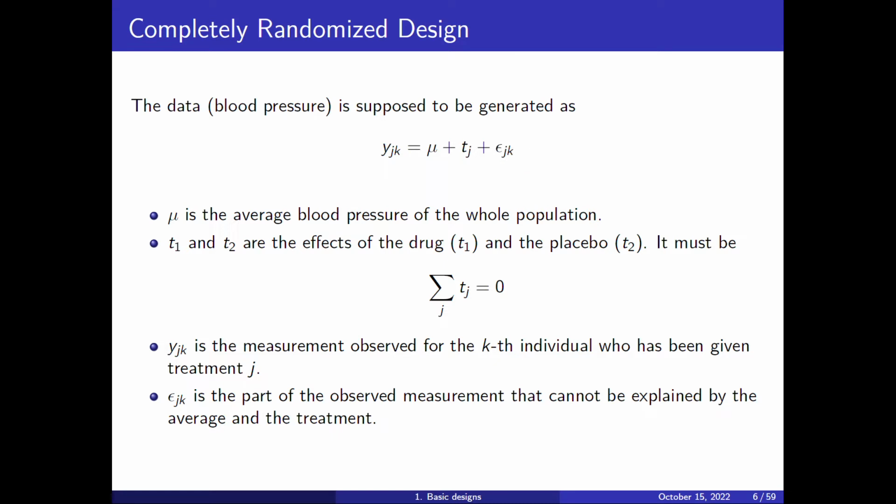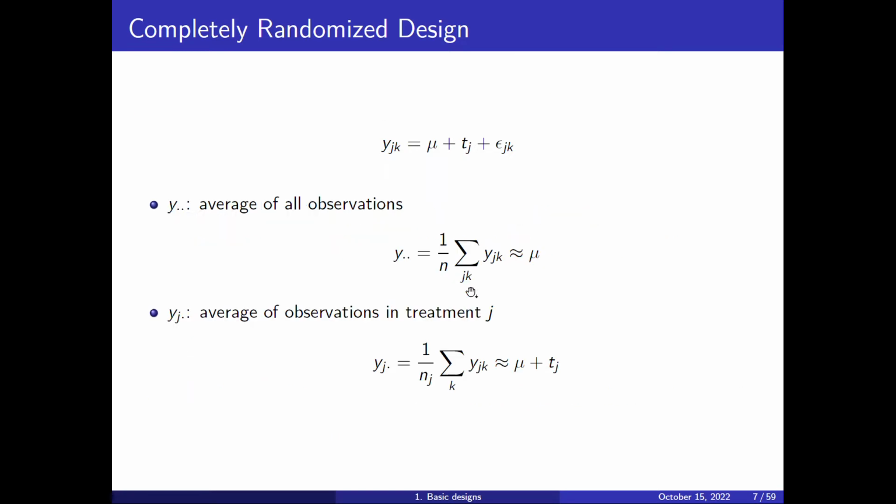That residual is specific for that person, which is why it has a couple of indexes. And there is a constraint in linear models: the sum of all the treatment effects has to be 0.